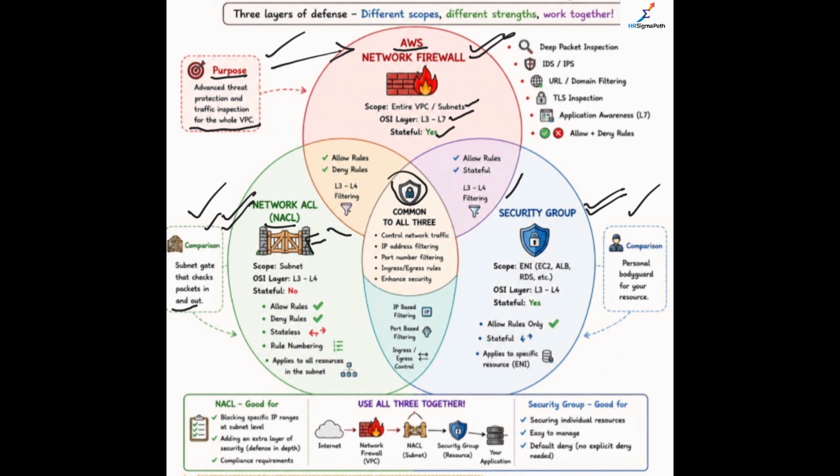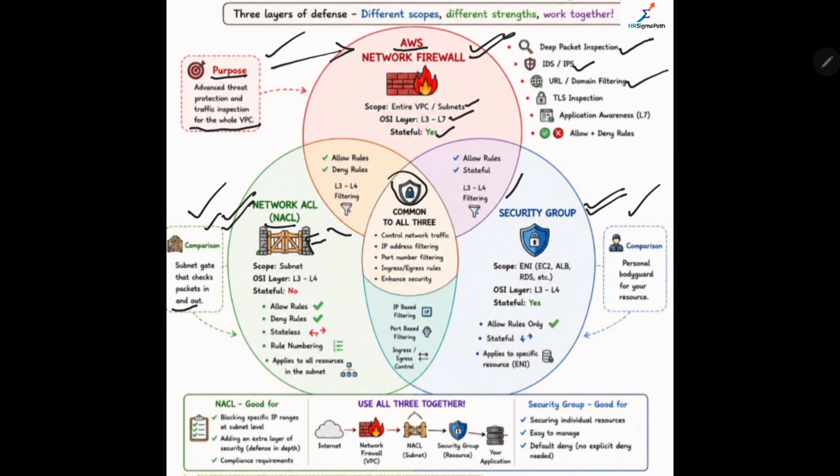Now look at the list beside the firewall here. These are the advanced security capabilities that make Network Firewall different. It supports deep packet inspection, which examines the content of packets. It provides IDS and IPS, meaning it can detect and even prevent attacks. It performs URL and domain filtering to block unwanted websites.